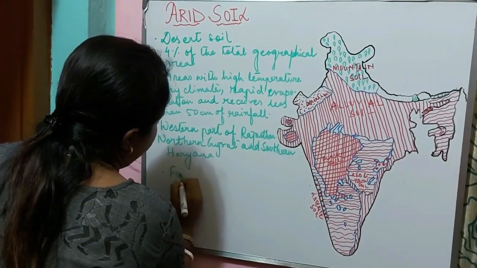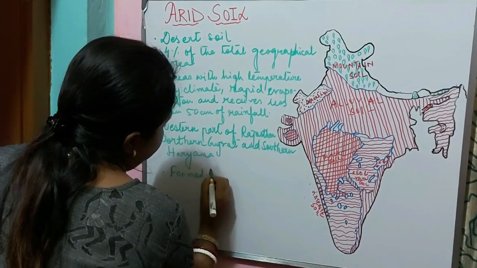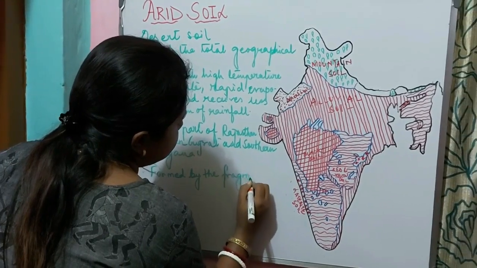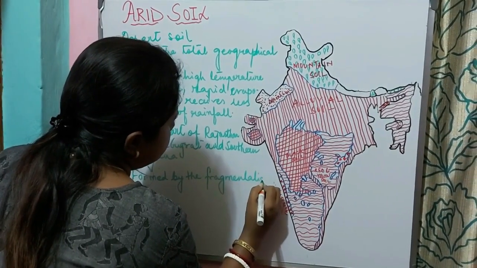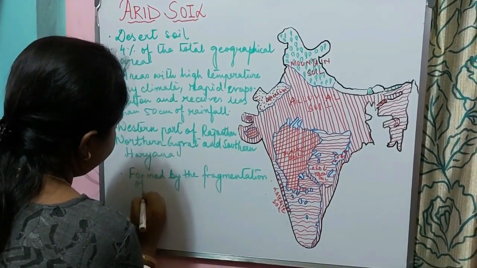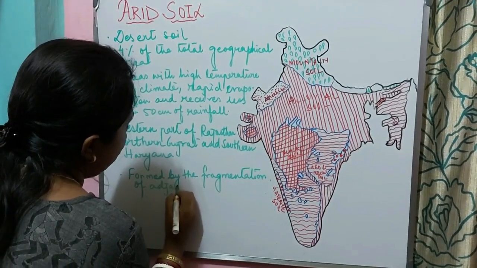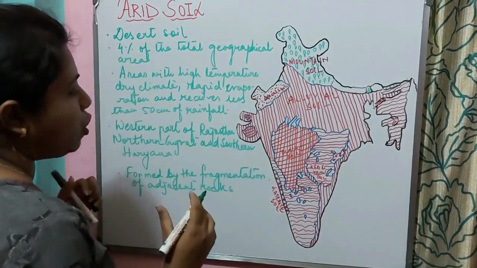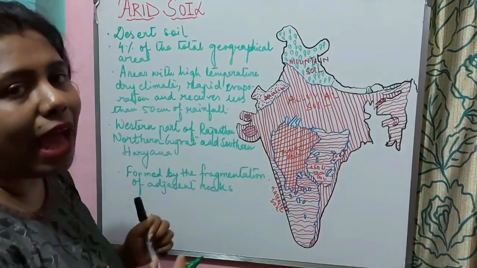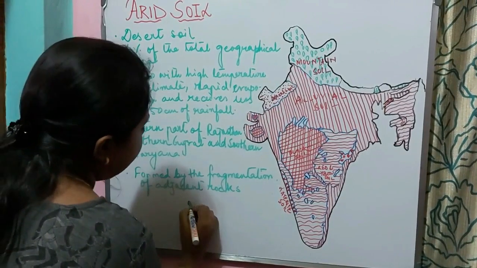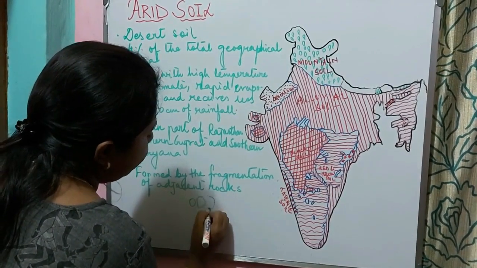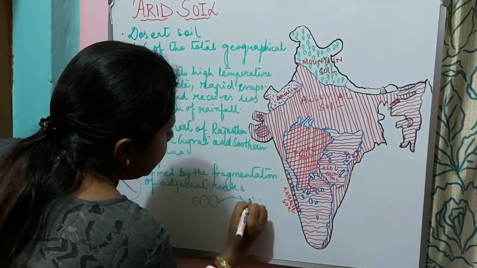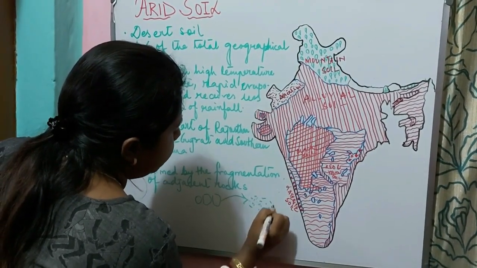They are formed by the fragmentation of adjacent rocks. How? As we know, here the action of wind is very rapid. So the wind carries away the particles from one place to another, and in this time they get broken into small pieces.